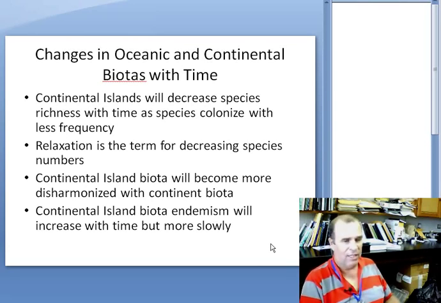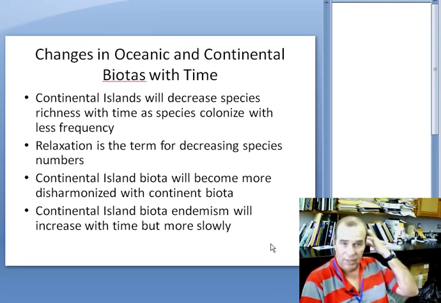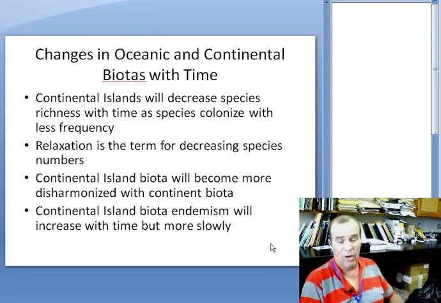Despite the fact that it was a continental island, it is now acting much more like an oceanic island because it has been isolated for such a long time. It's got very high endemism. For an equivalent area of the African continent, it probably has a slightly lower species richness.